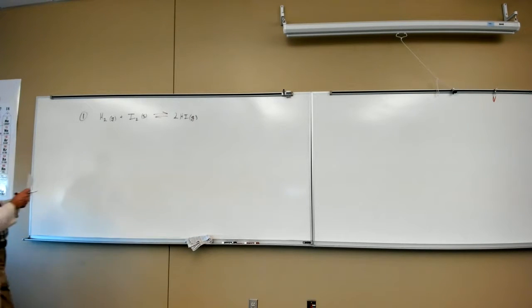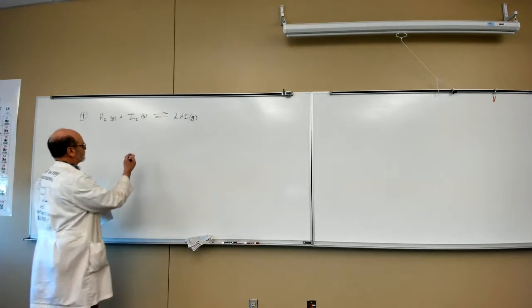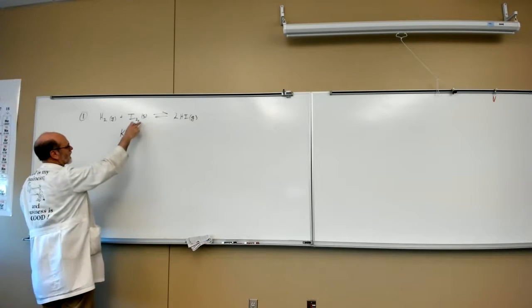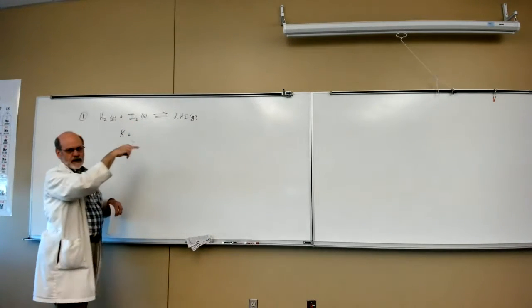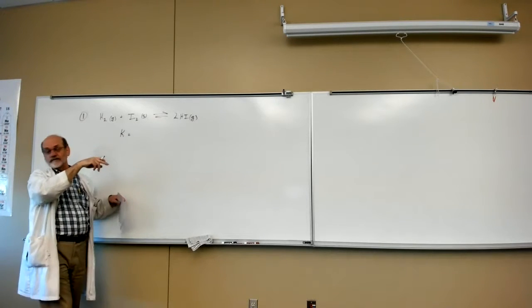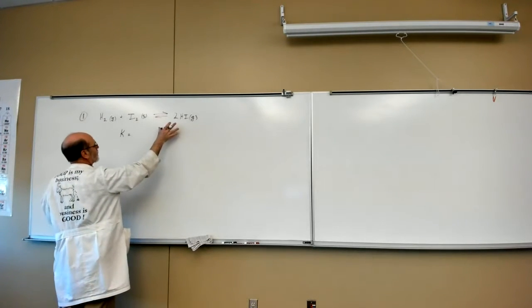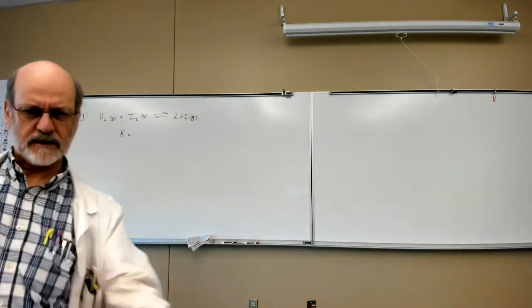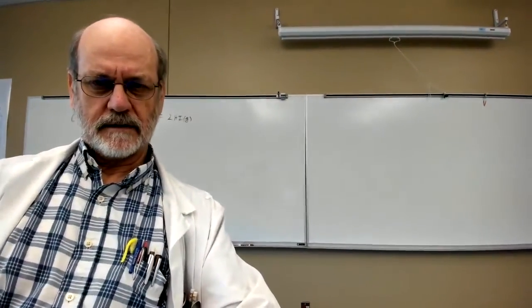Let's write the expression for K here, first off. Remember, solids don't count. Pure solids, pure liquids don't count. You have to use only. Ooh, can we move that computer? Because you're right in my line of vision.